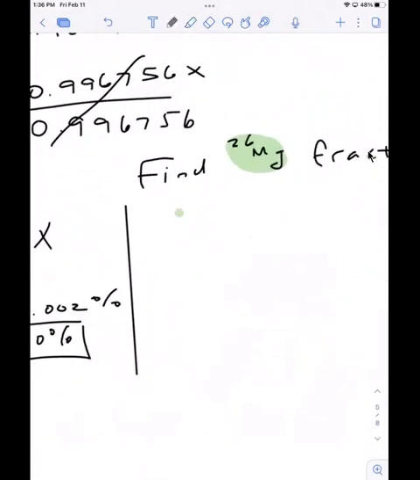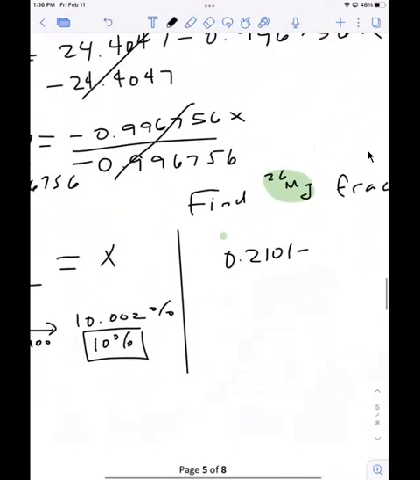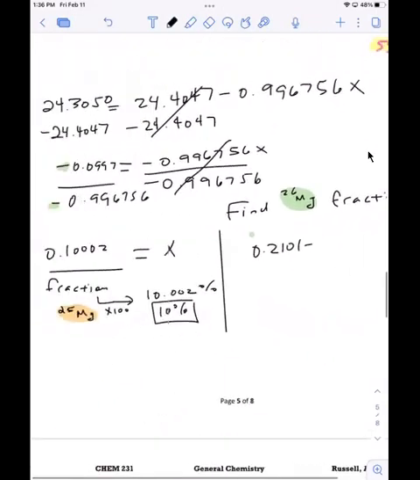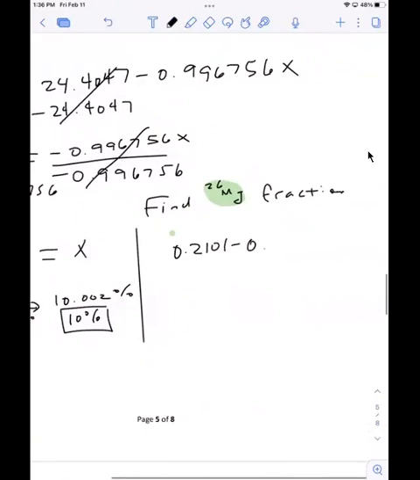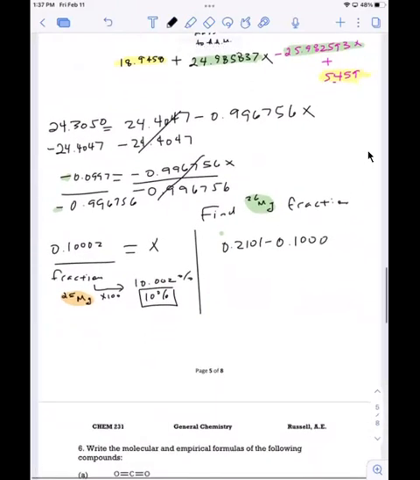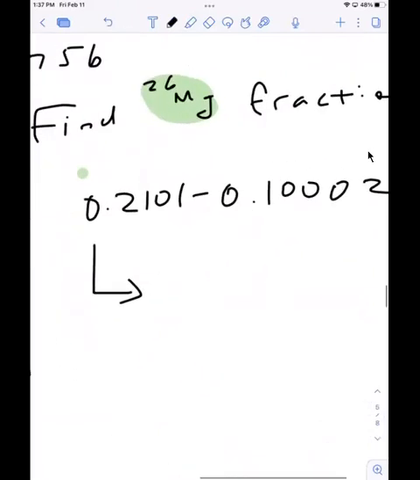So the fraction for Mg-26 is 0.2101 minus 0.10002, which gives me what? Right, remember this is x that we solved for.